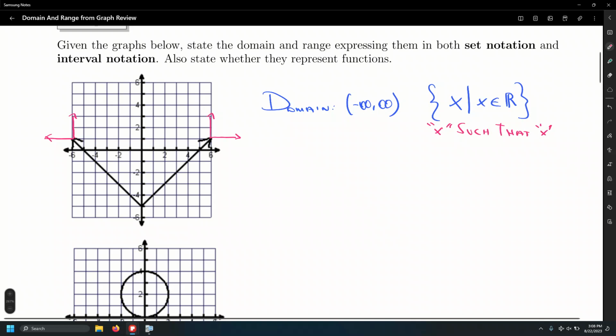Oftentimes it's regarded as an epsilon, but it's not an epsilon. It's just a symbol to say belongs to. Belongs to the set of all real numbers.